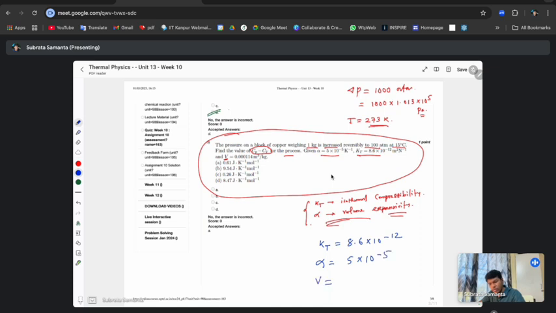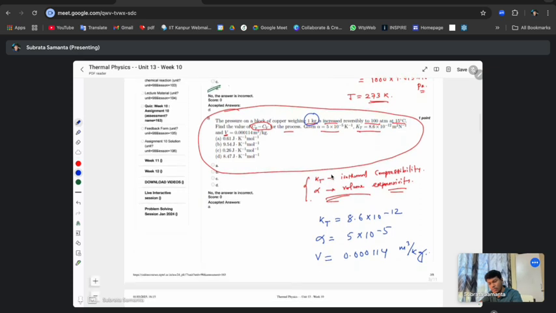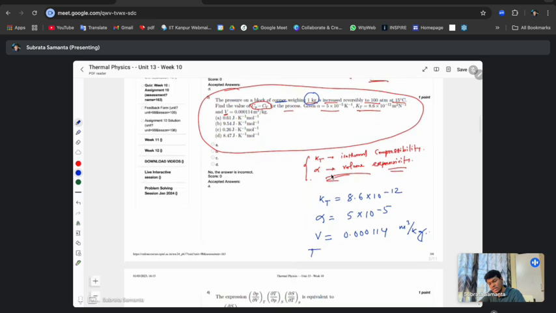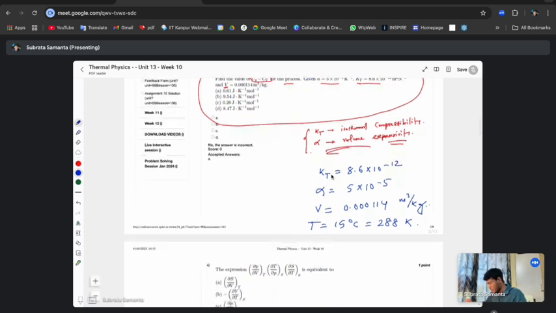And the volume is 0.000342114 meter cube per kg. It is 1 kg of copper, Cu, and the temperature T is 15 degrees centigrade, so 288 Kelvin. Please correct me if I am wrong. So yes, this is basically 288 Kelvin.